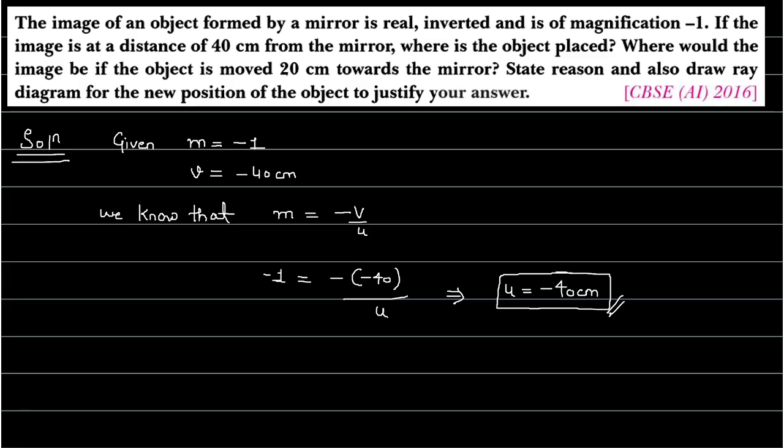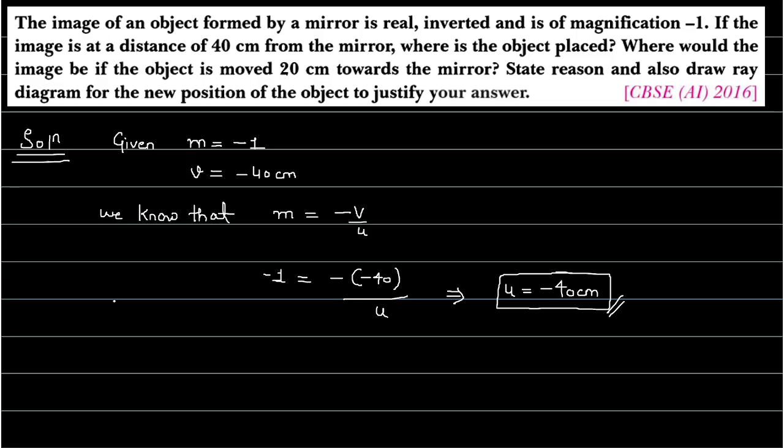That means U is also -40 and V is also -40. That means the object is placed at where? Center of curvature. Because when the object is placed at center of curvature, the image is also formed at center of curvature, of the same size but real and inverted. That's why m comes out to be -1.